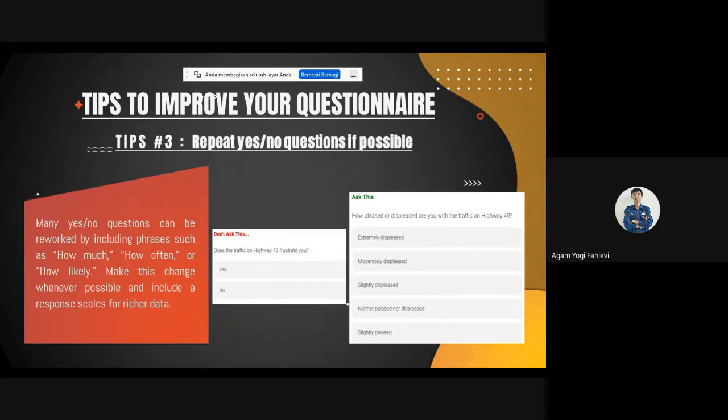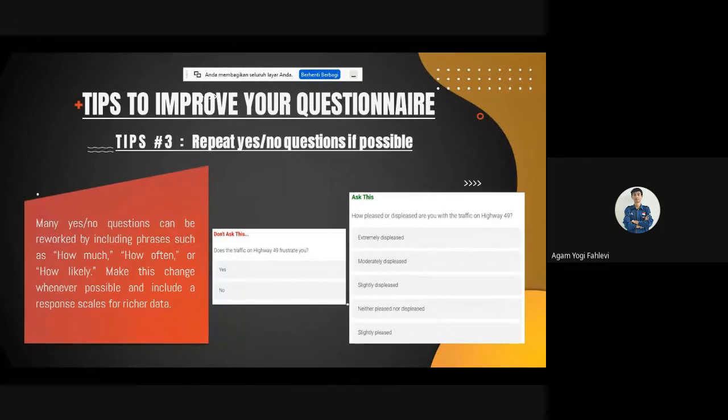Example, don't ask this: does the traffic on Highway 49 frustrate you? Yes, no. But ask this: how pleased or displeased are you with the traffic on Highway 49?